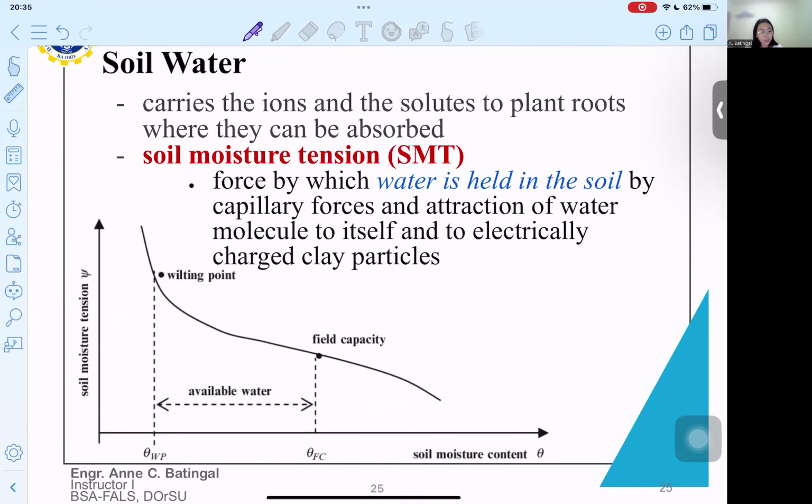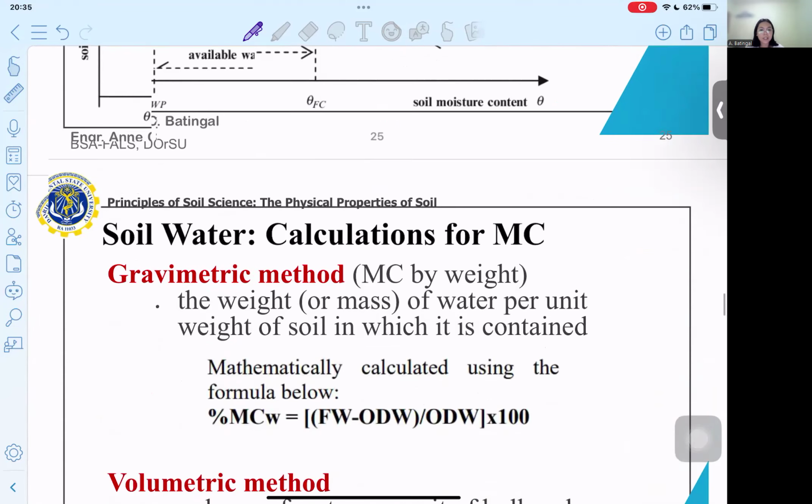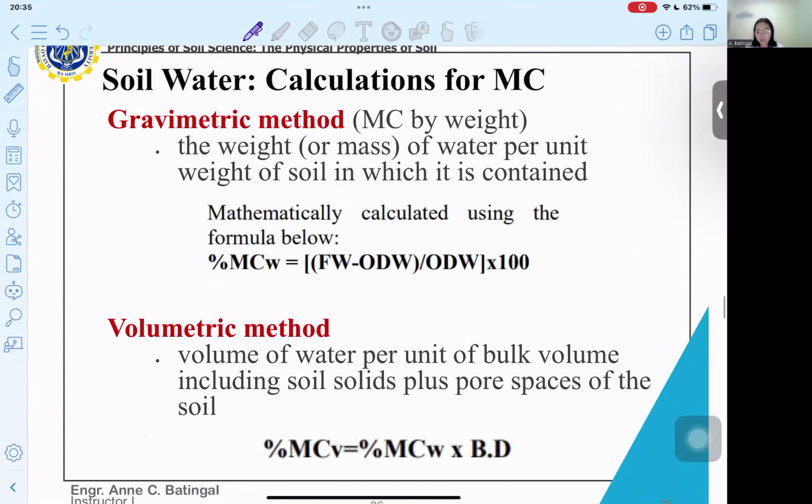Now, in terms of soil moisture, it can be quantified by two methods. You have your gravimetric method, which talks about the moisture content by mass or the weight of your water as compared to the weight of the soil in which it is contained.